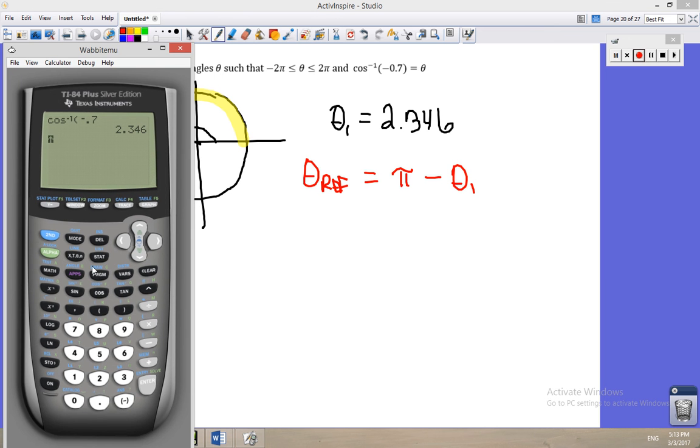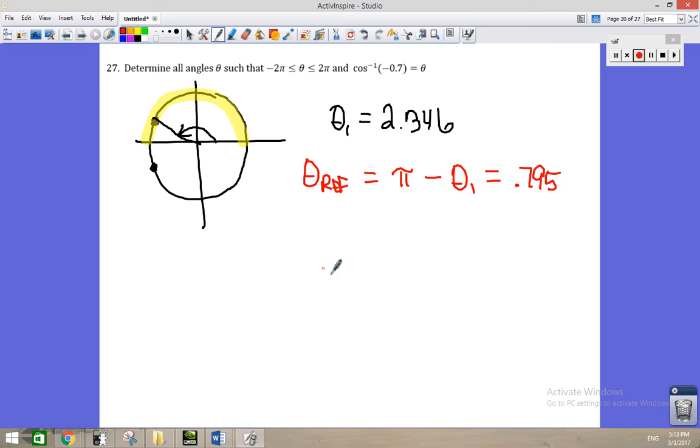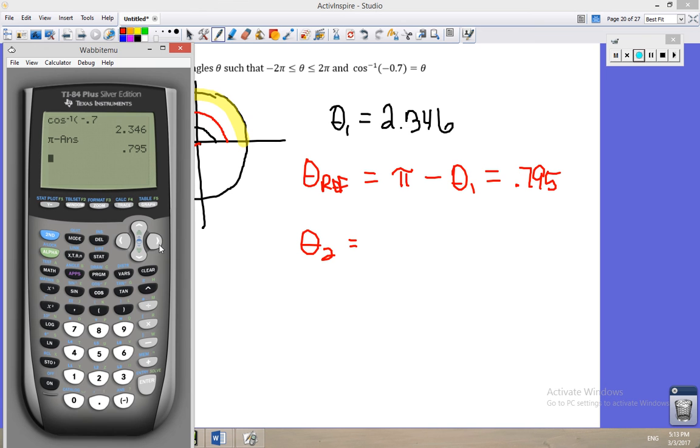So if I take pi minus my previous answer, I have a reference angle of 0.795. So if I want to get to this point and find this angle, I have to take pi, which will get me there, plus that reference angle. So my second solution is this reference angle plus pi, right? So 3.937.